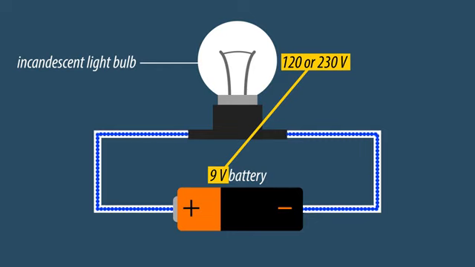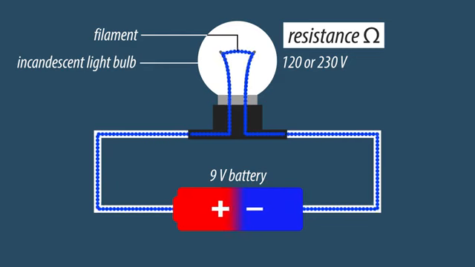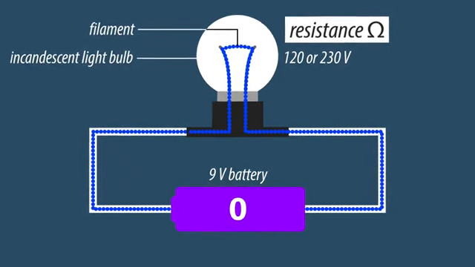The old bulb's filament's resistance is too high for the material to become hot enough to emit light using such a low voltage. But the electrons can still trickle through the material. This way, the battery will just empty itself while you stay in the dark. We will explain resistance in another video.